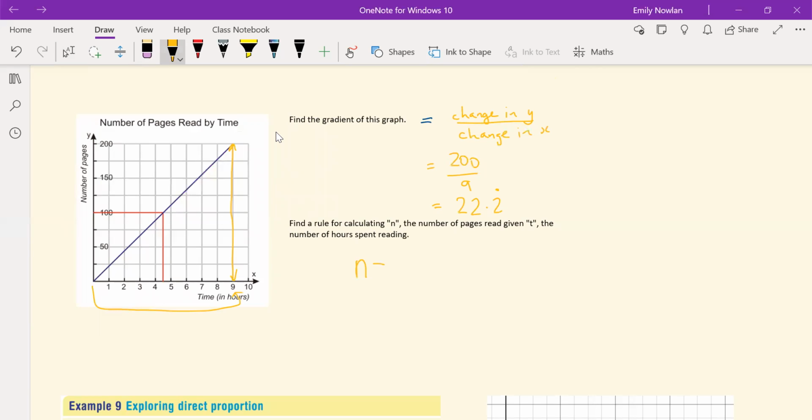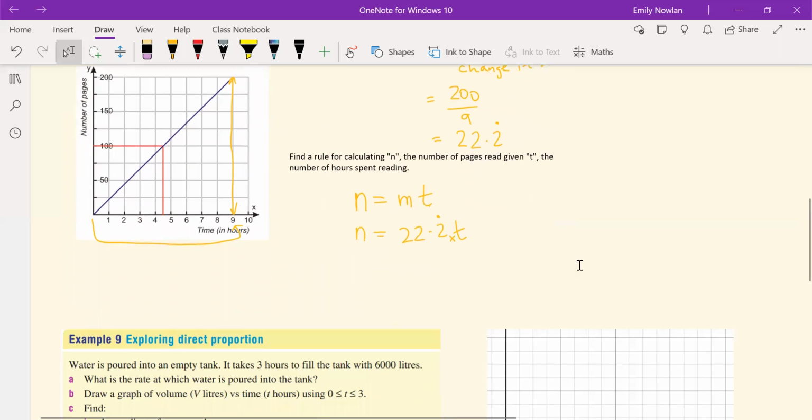So N equals, remember it's M, the rate, times the T in this case. So N is the number of pages that is read, T is the time in hours. So my rule would be N equals my rate, which was 22.2 recurring, times T. And that's my rule. I can put a times there if I'd like, to make it clearer.